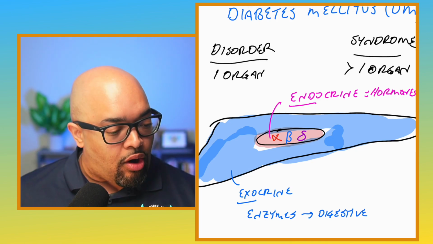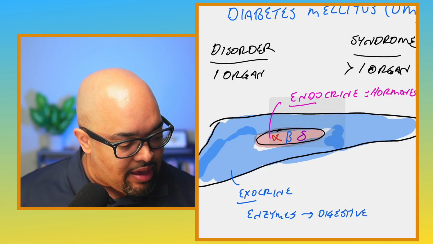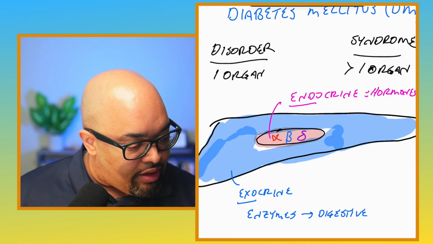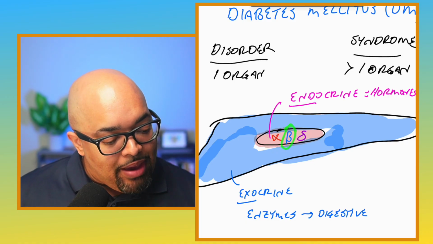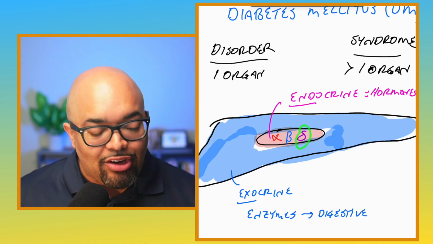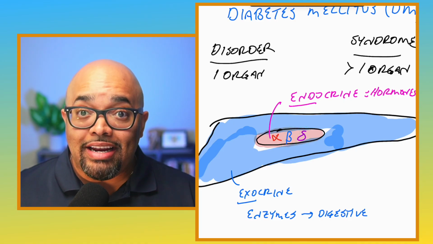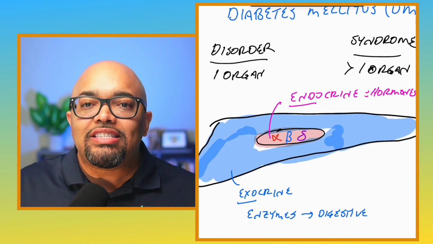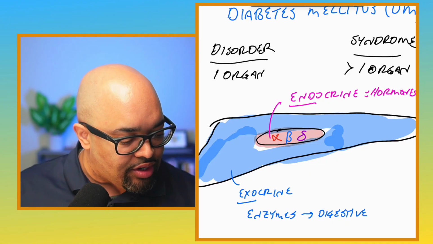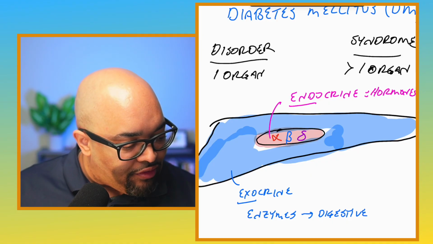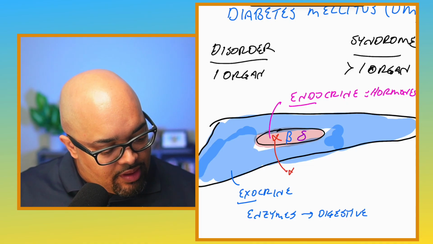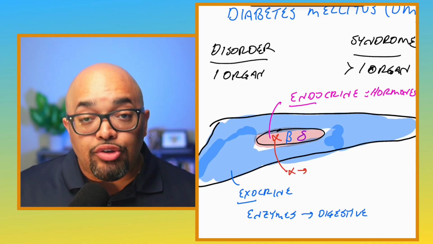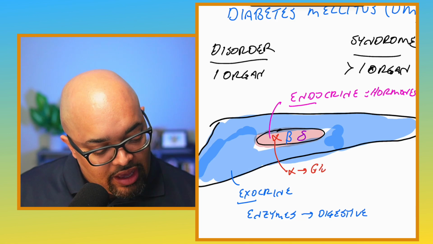Those cell types are the alpha cells, the beta cells, and the delta cells. So remember, alpha, beta, delta. Now, what do these cells produce? Great question. So the alpha cells produce a hormone called glucagon.